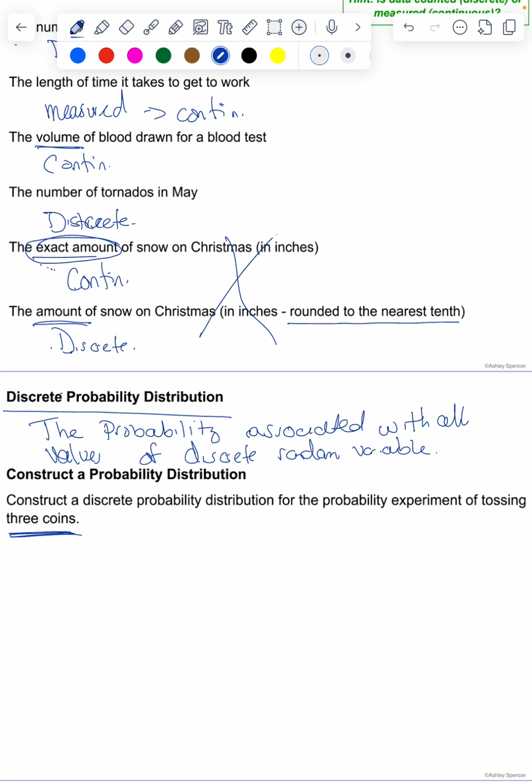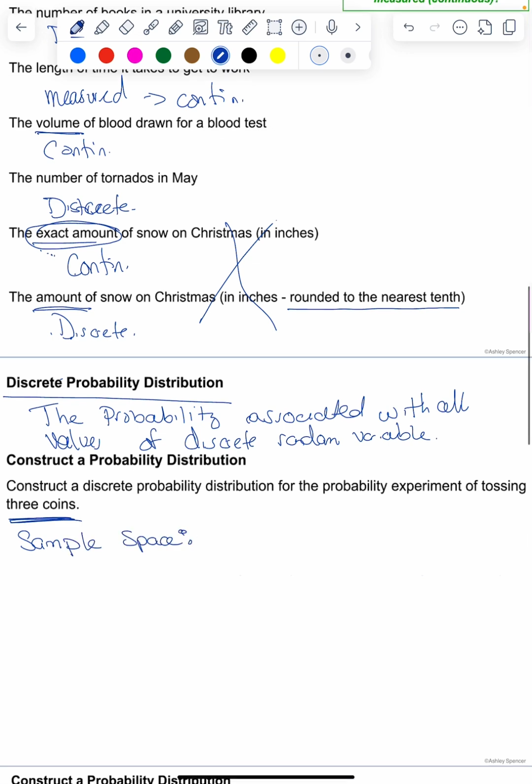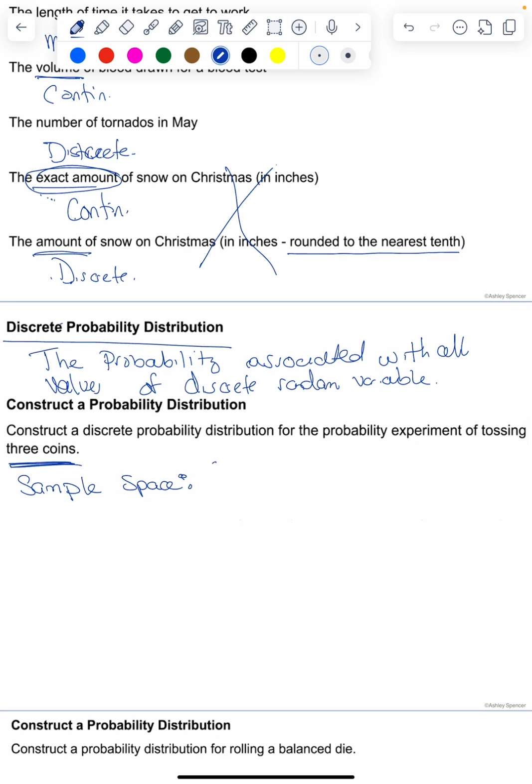So our sample space, when we toss those 3 coins, we're going to have either all tails, tails, tails, tails. Let me fix that. So we're either going to have tails, tails, tails, or we're going to have tails, tails, heads, or we're going to have tails, heads, heads.